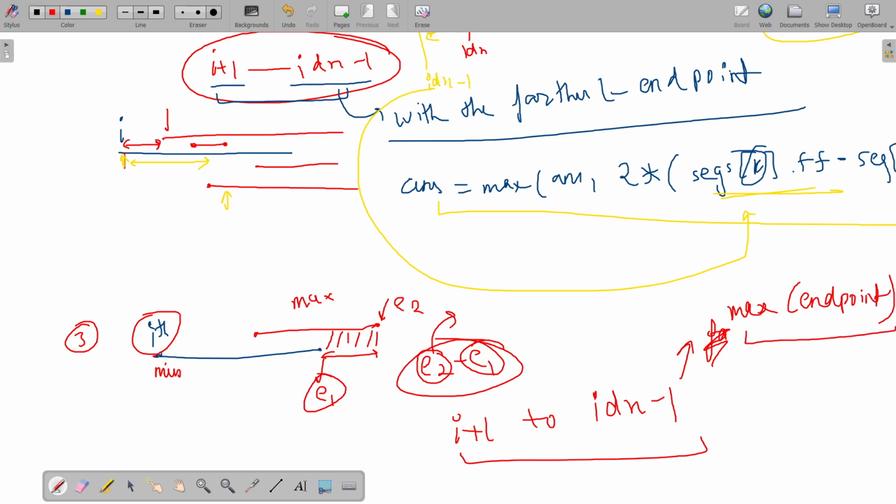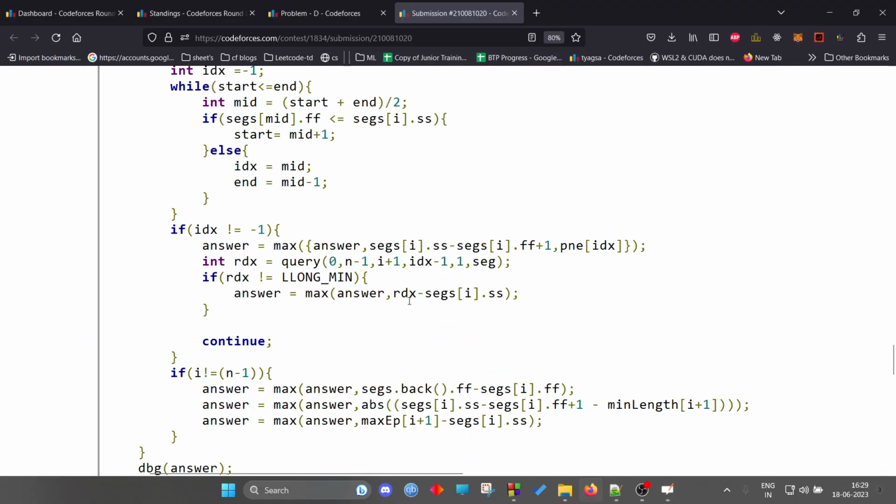For this, you will need to use a segment tree, like I used. You will simply update the segment tree with the endpoints and you can query for the maximum. So I will show you the code for this part now.